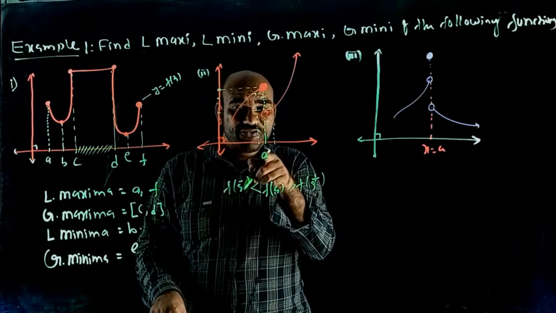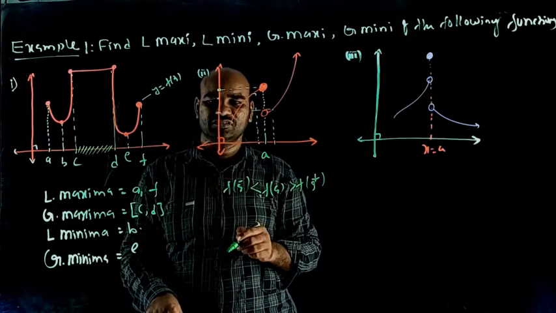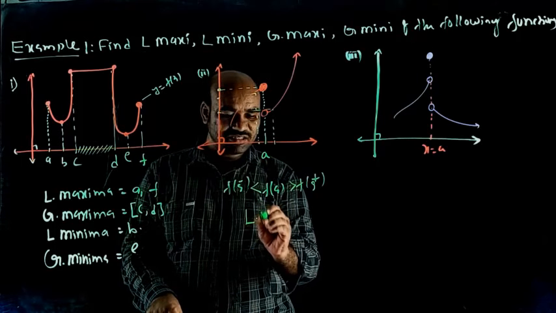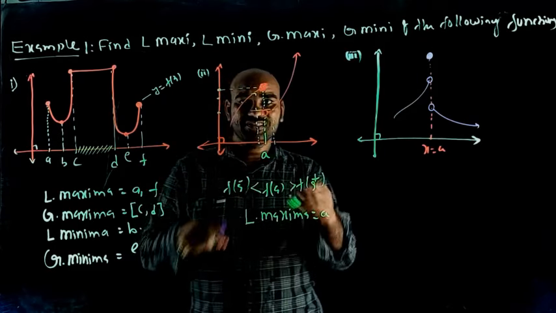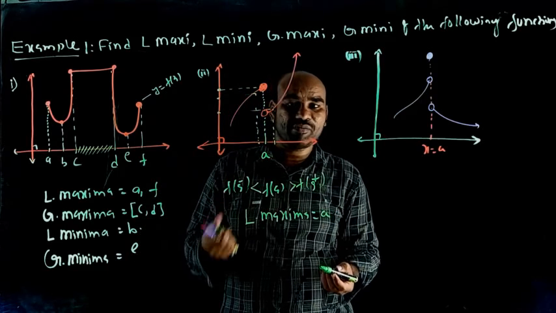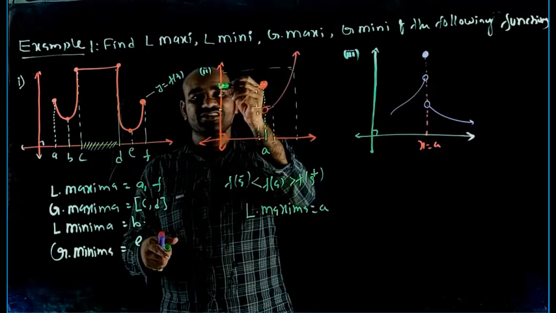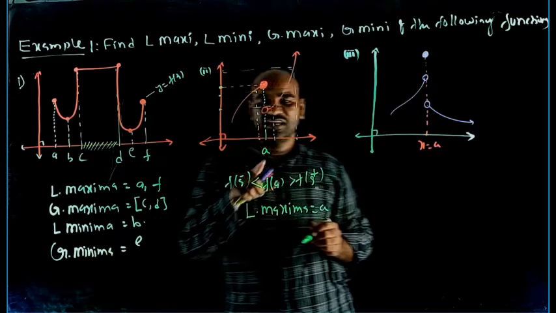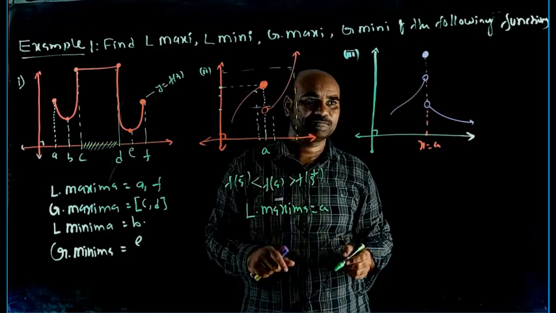In the neighborhood of A, x equal to A is giving the maximum value. That's why I can say local maxima at x equal to A. Understand why I am saying local maxima, not global maxima? For this x value, we will get a y that is greater than this. That's why x equal to A is said to be a point of local maxima.